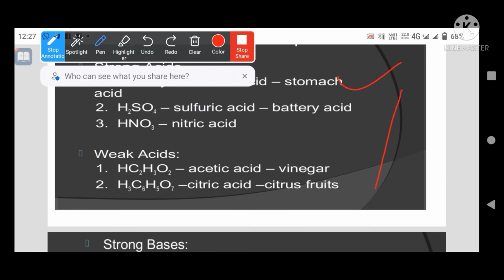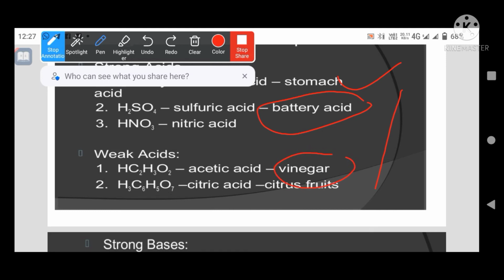Next, H2SO4, sulfuric acid, which is used in a battery, that's why it is battery acid. Nitric acid, HNO3. Now weak acids: HC2H3O2, acetic acid, which means vinegar.